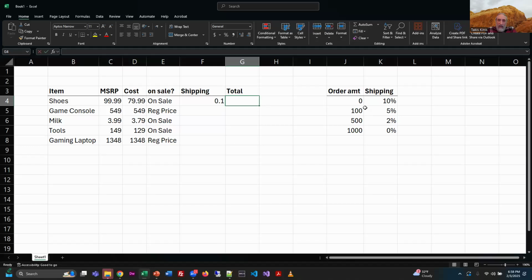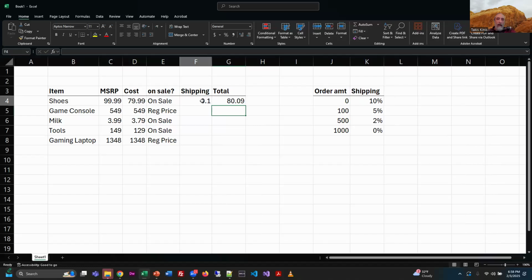Okay, I can calculate the total now too. So I can say equals this plus the shipping, and that's the total with the shipping. All right. But it's returning, hold on a second. It's returning 10. Is that really what I want it to do?